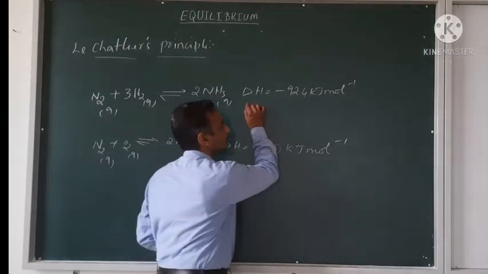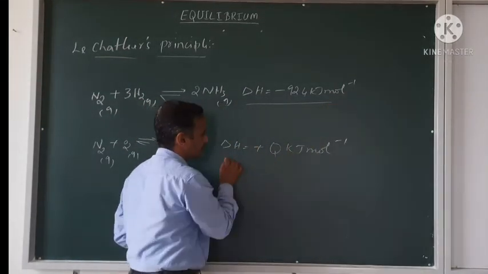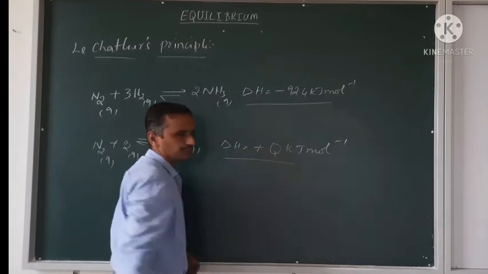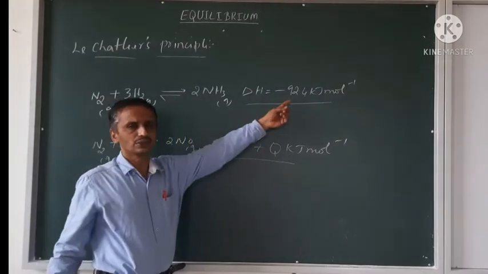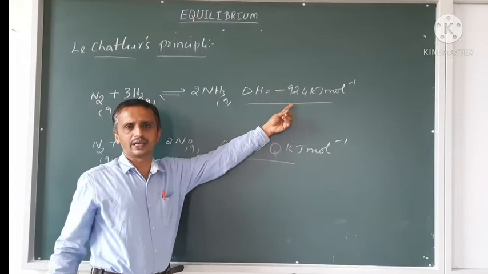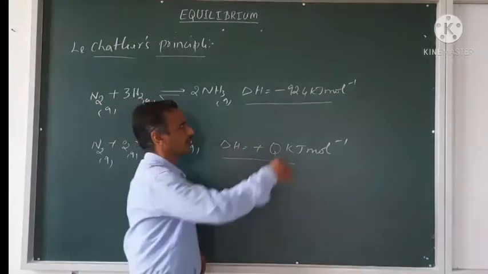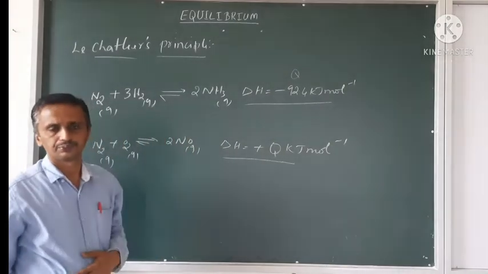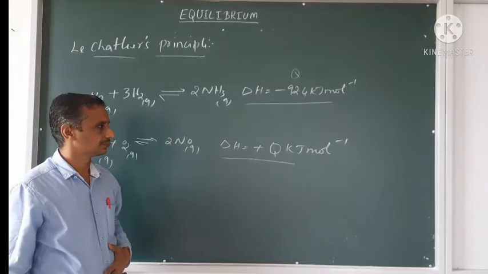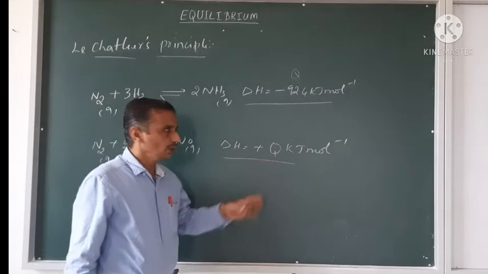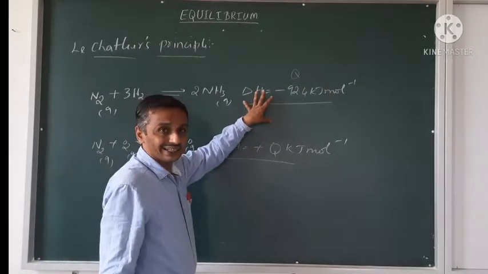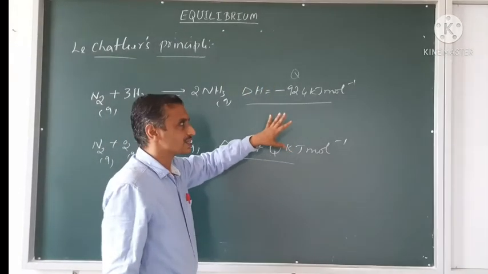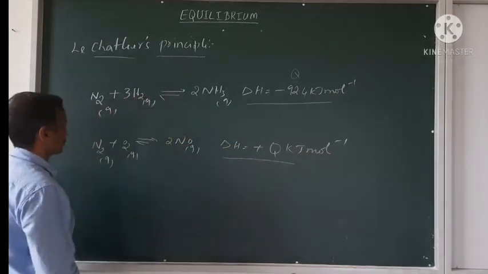See here, there was a delta H negative, here there was a delta H positive. Q is some value like 92.4. This also I could have written as minus Q. So when the delta H is negative, we call it an exothermic reaction.